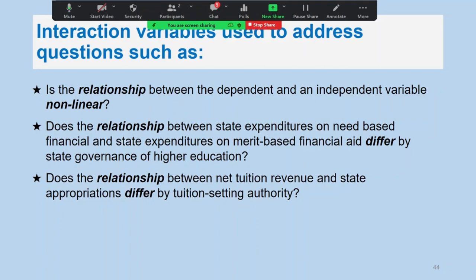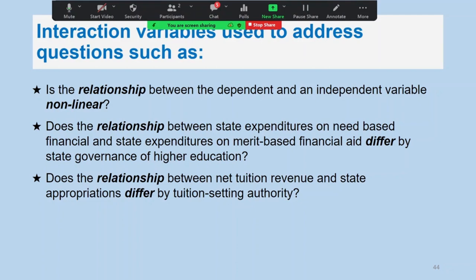It's not only the higher education institutions that report to the Board of Regents, but all public institutions, high schools, education-related organizations report to the Board of Regents. So that is state governance of higher education and how this relationship, need-based aid and state expenditures on merit-based aid, might differ by the type of governance within the state, okay?